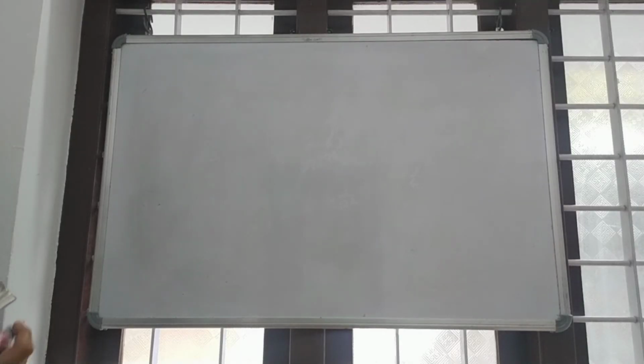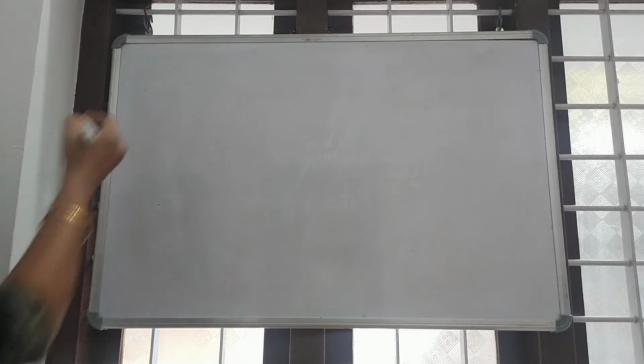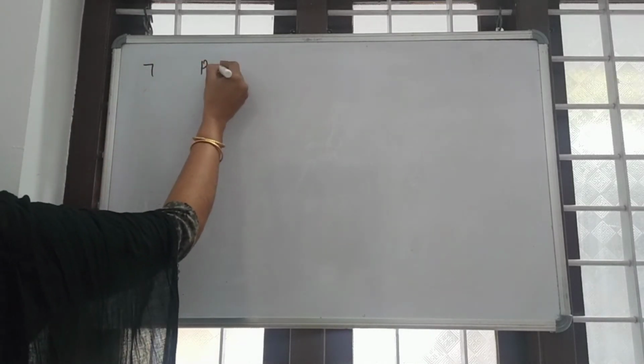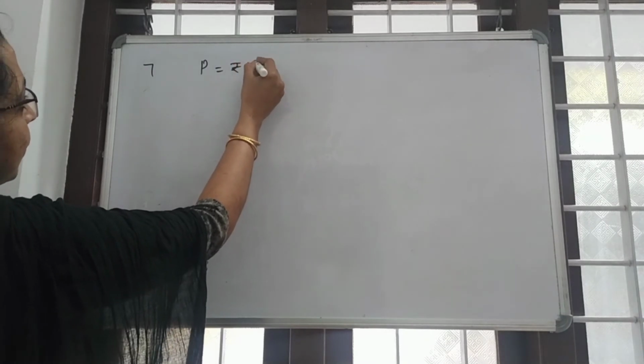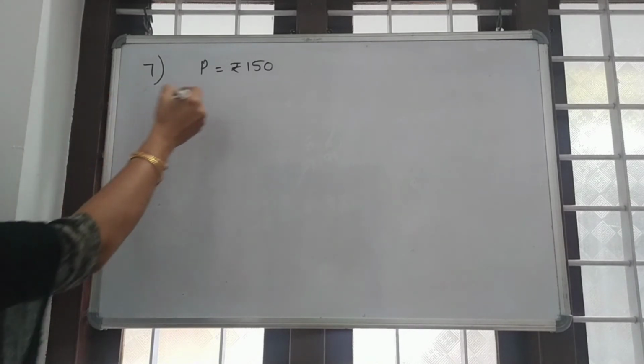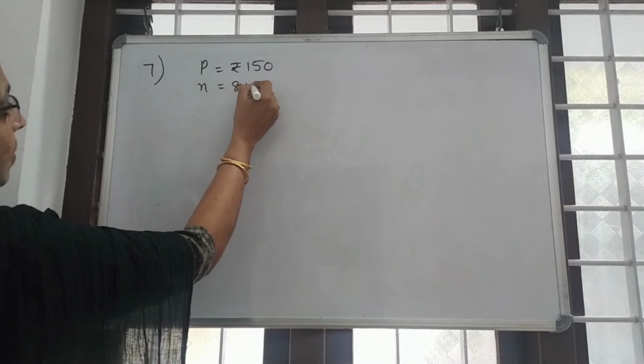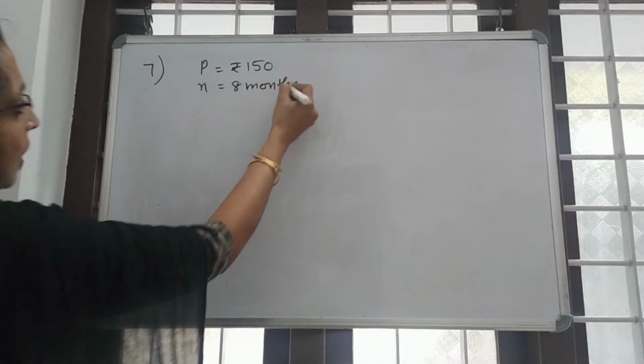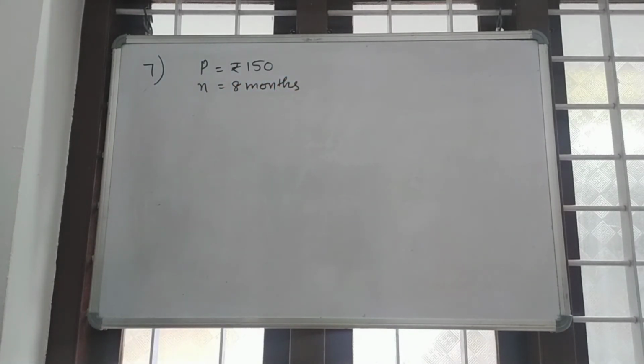So Amit deposited rupees 150 per month. So we can write P is equal to rupees 150. Then for 8 months, so n will be 8 months.